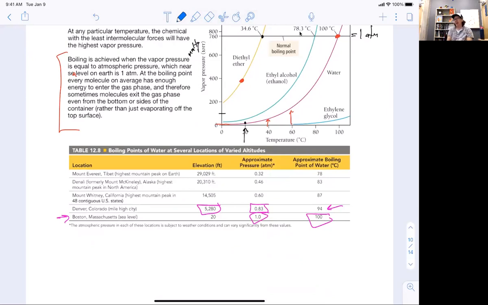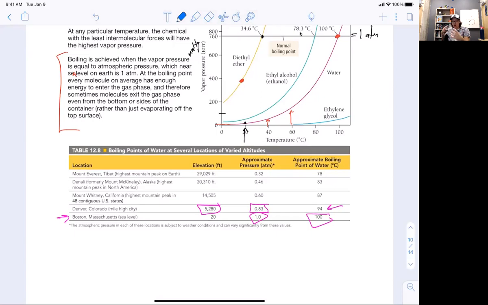This is why there are those extra directions on brownies and maybe even some pasta, because things are not cooking at the same temperature. So if you put dried pasta in boiling water and it says 9 to 11 minutes, they're assuming sea level. But up in the mountains, it's only 94. It's not getting as much heat.